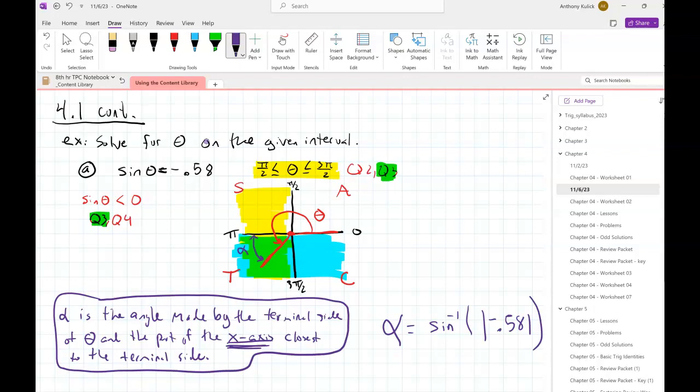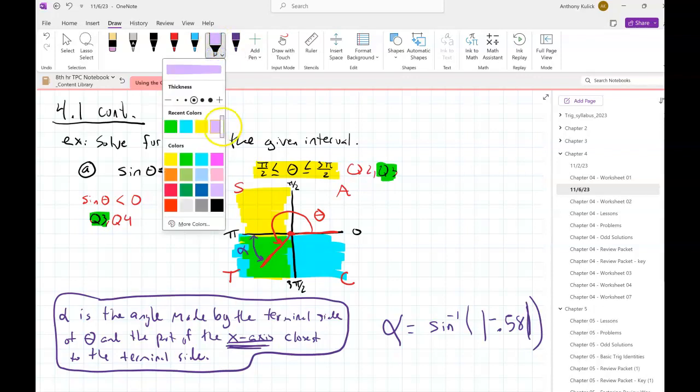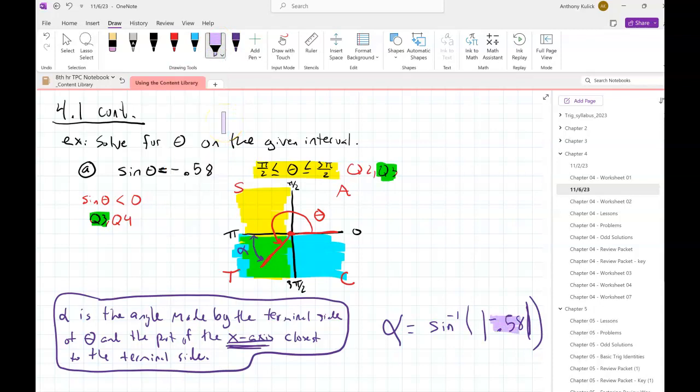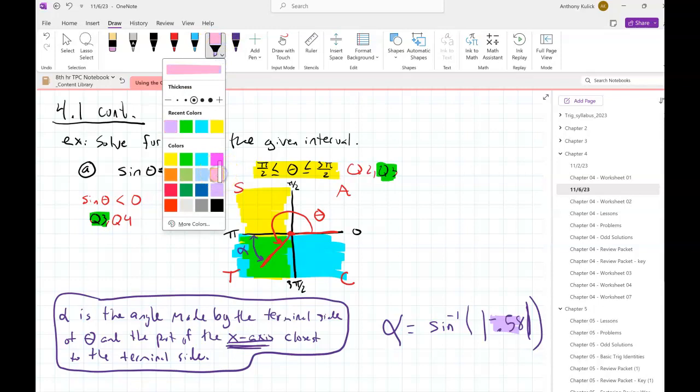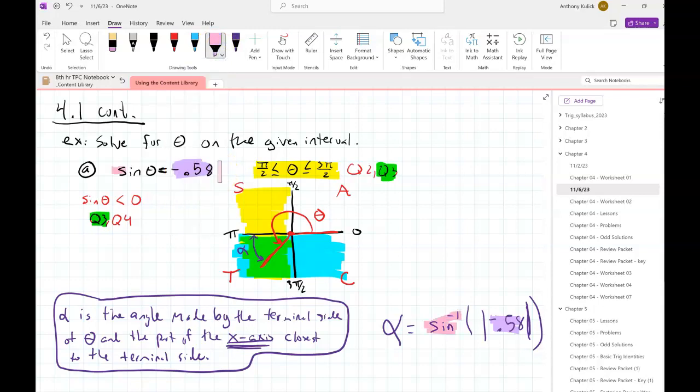Why negative 0.58? Where's that coming from? It's in the question, right? Why sine inverse? Because it was a sine problem. Nothing magic going on here, right? Super obvious what alpha should be.